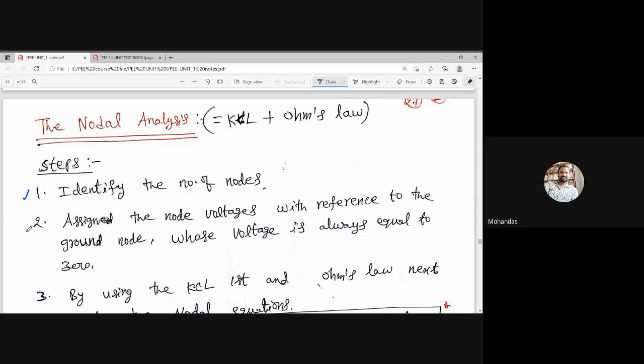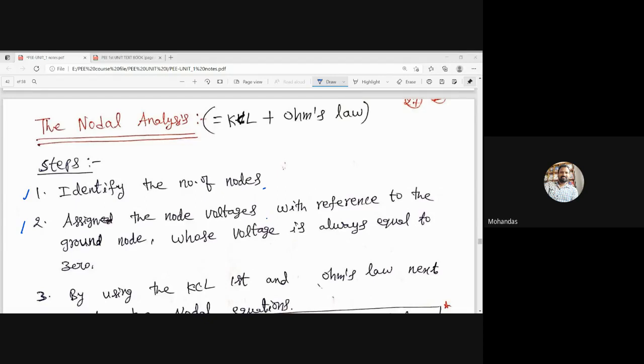Next, second point, write down: assign the node voltages. I hope everybody is writing.